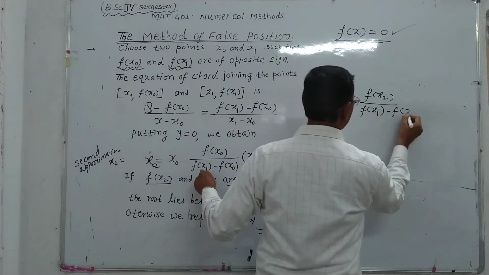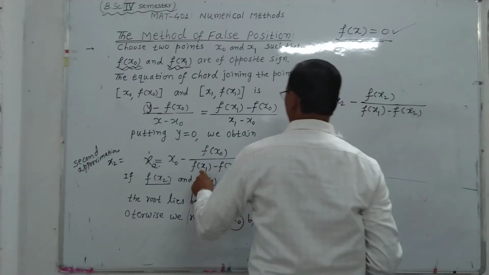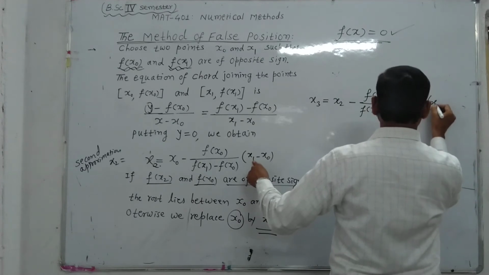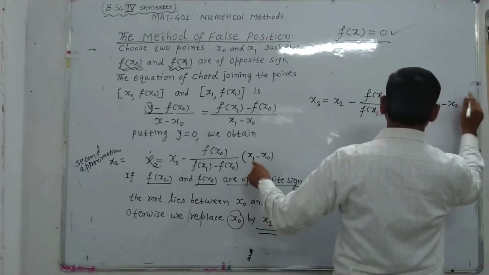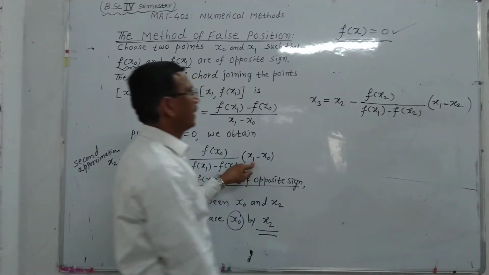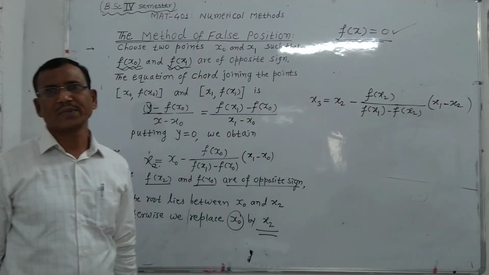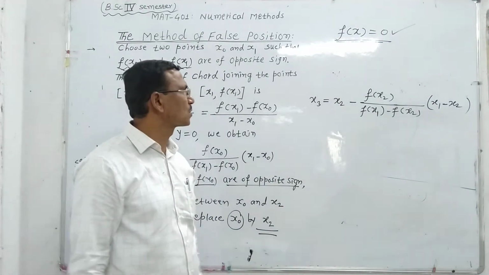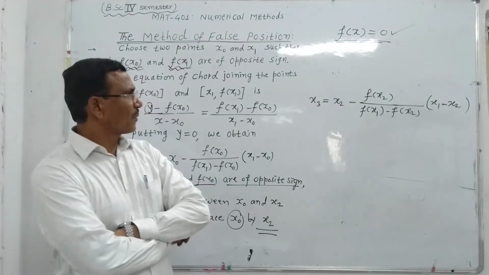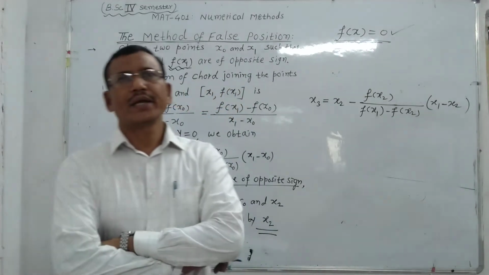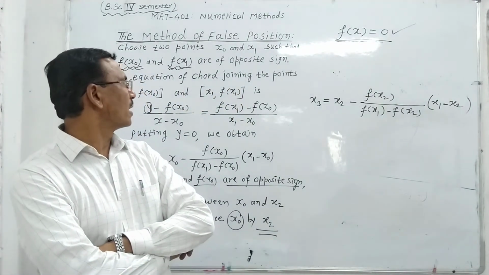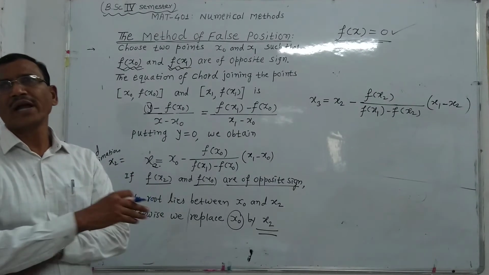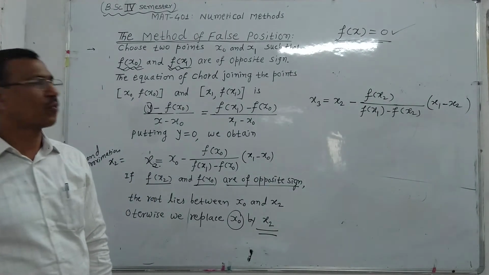minus f(x2), into (x1 - x2), and this is the new approximation. x3 = x2 - f(x2)/(f(x1) - f(x2)) into (x1 - x2). Continuing in a similar manner, we can find the next approximation.